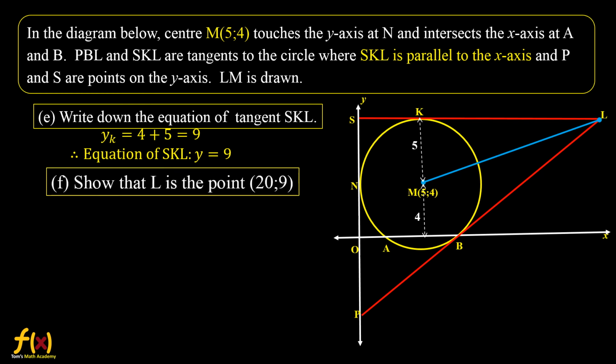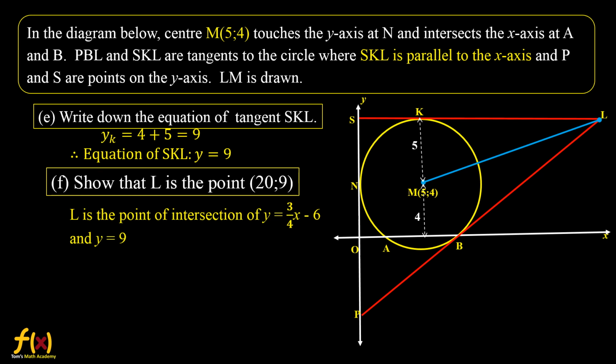Question F. Show that L is the point (20, 9). X coordinate is 20. Y coordinate is 9. Of course, the y coordinate of L must be 9 because L is on the line SKL.